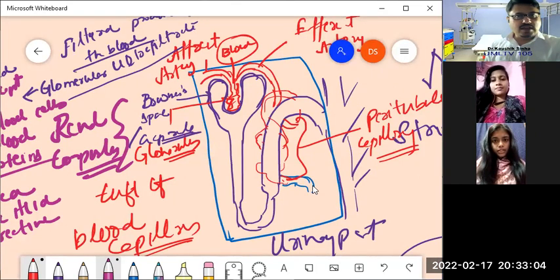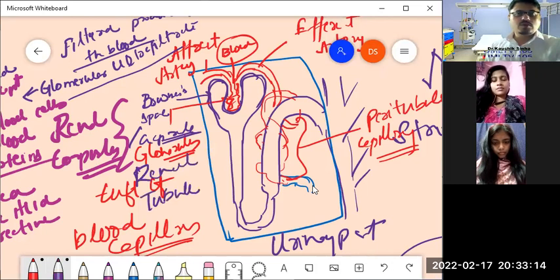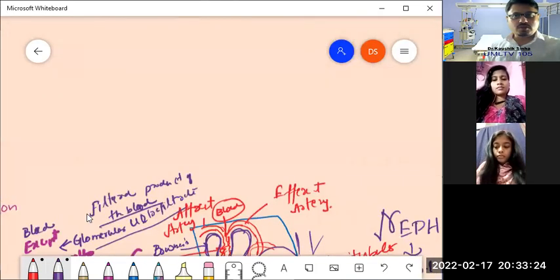And this entire tube is known as the renal tubule. Now this renal tubule has a few parts. In a separate space, let me write down the parts of the renal tubule.